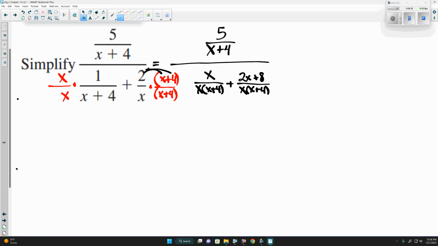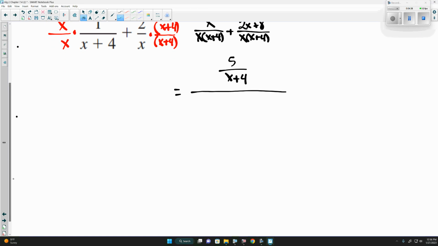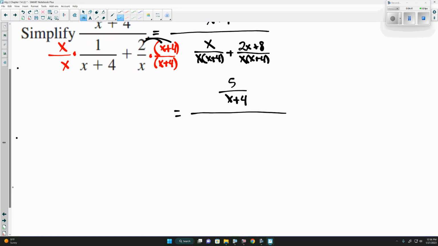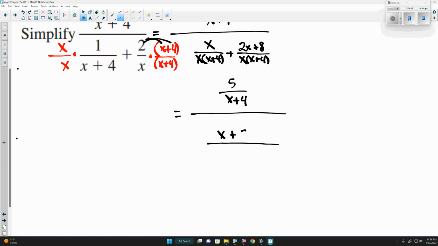Now that we have this here, we can add the numerators together. So we're going to have x plus 2x plus 8 over x times x plus 4.